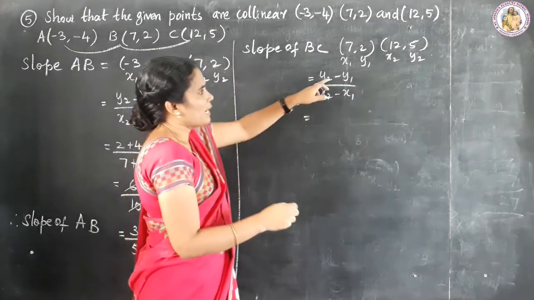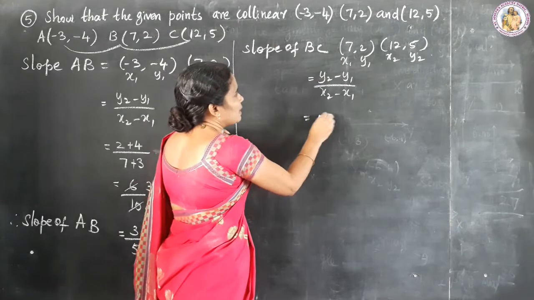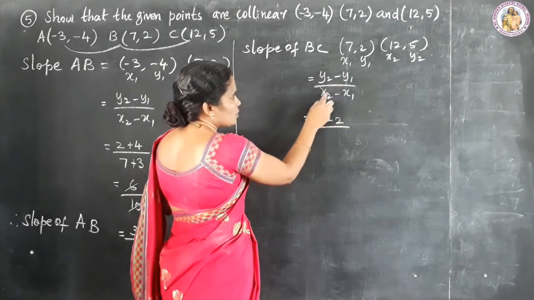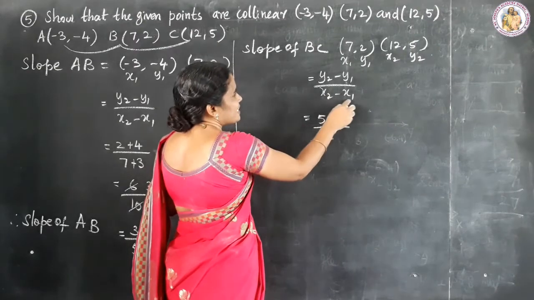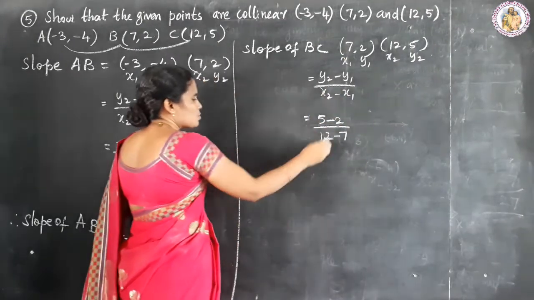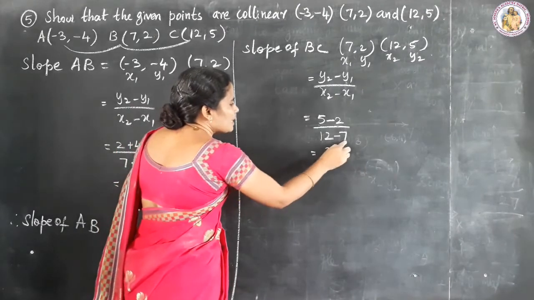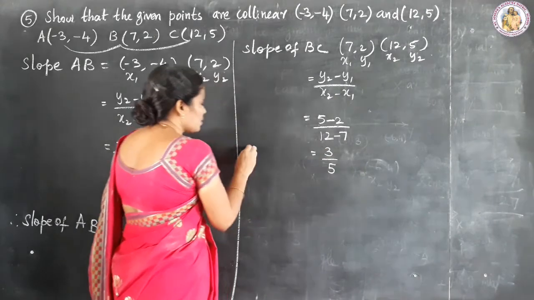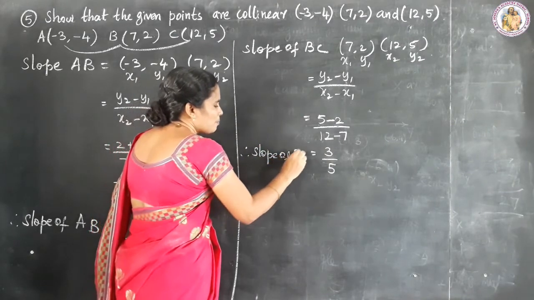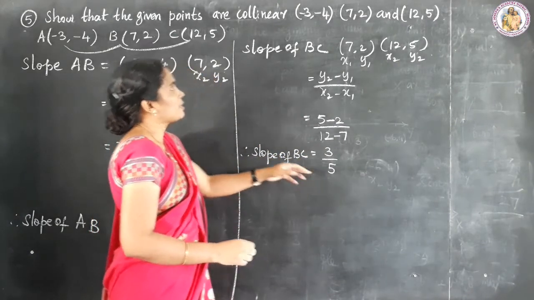So y2 is 5 minus y1 is 2 divided by x2 is 12 minus x1 is 7. 5 minus 2 is 3, and 12 minus 7 is 5. So therefore the slope of BC is equal to 3 by 5.